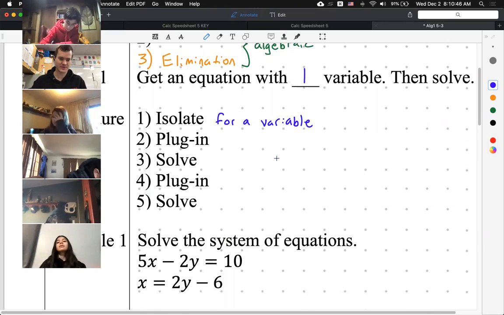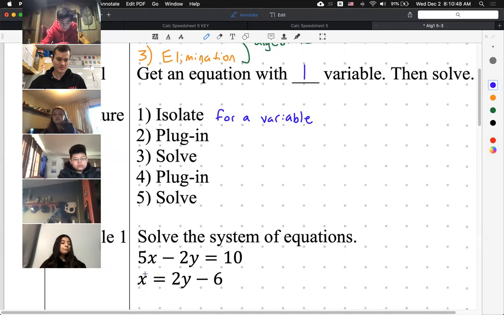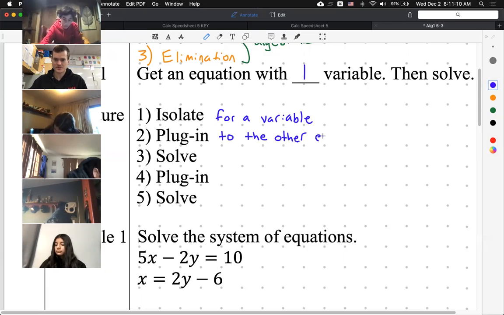If you scroll down and see example 1, I already have solved for a variable. X is isolated. There's just 1 x. If there's 5x, that's not isolated, but there's just x here. So we're already done with step 1. The next step, step number 2, is to plug into the other equation.